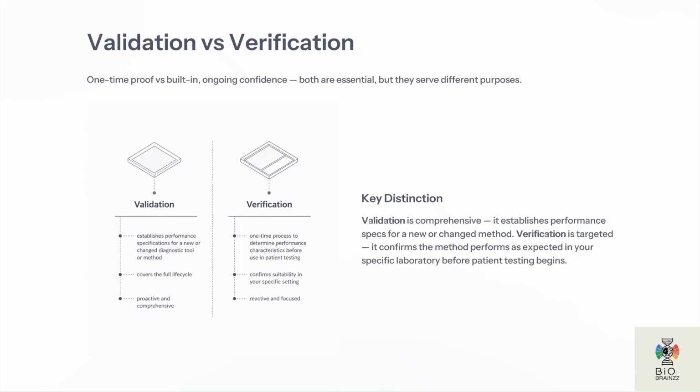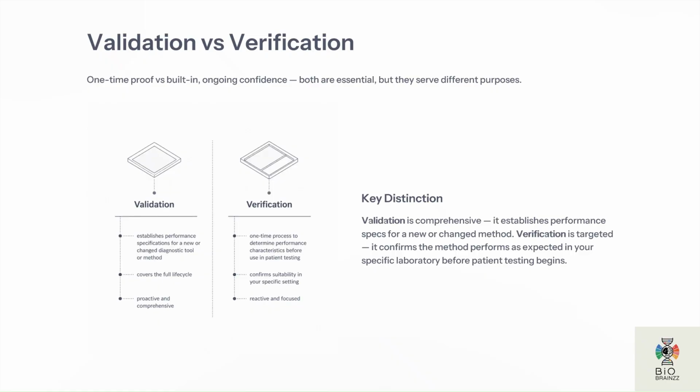Many people confuse validation and verification, but they are different activities. Validation is a comprehensive process performed when a new method is introduced or when significant changes are made. It establishes performance specifications and demonstrates that the method is fit for purpose. Verification, on the other hand, is more focused.